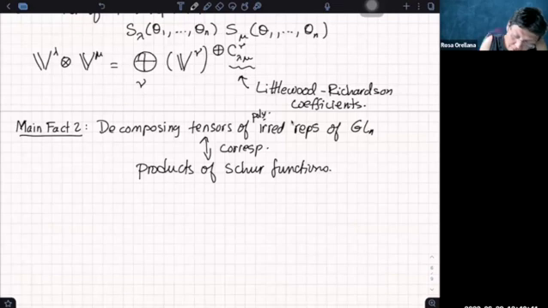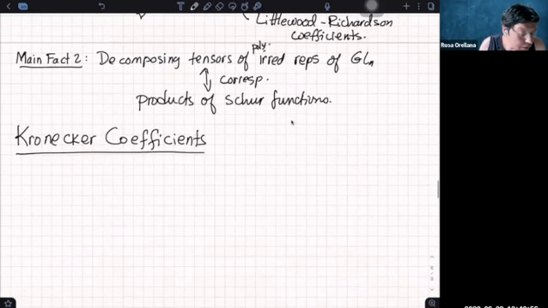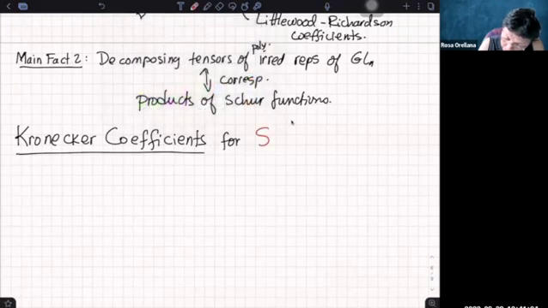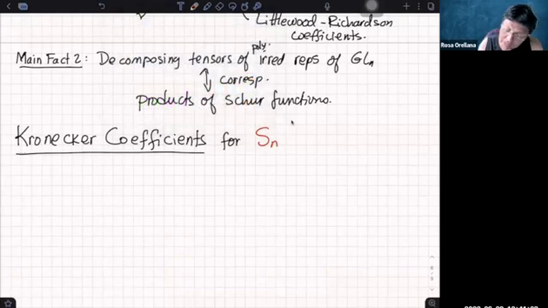So now I want to talk about Kronecker coefficients. Here I'm going to use a different color because I want you to notice that I'm using N here. I'm going to start thinking not of SK, but of SN now.